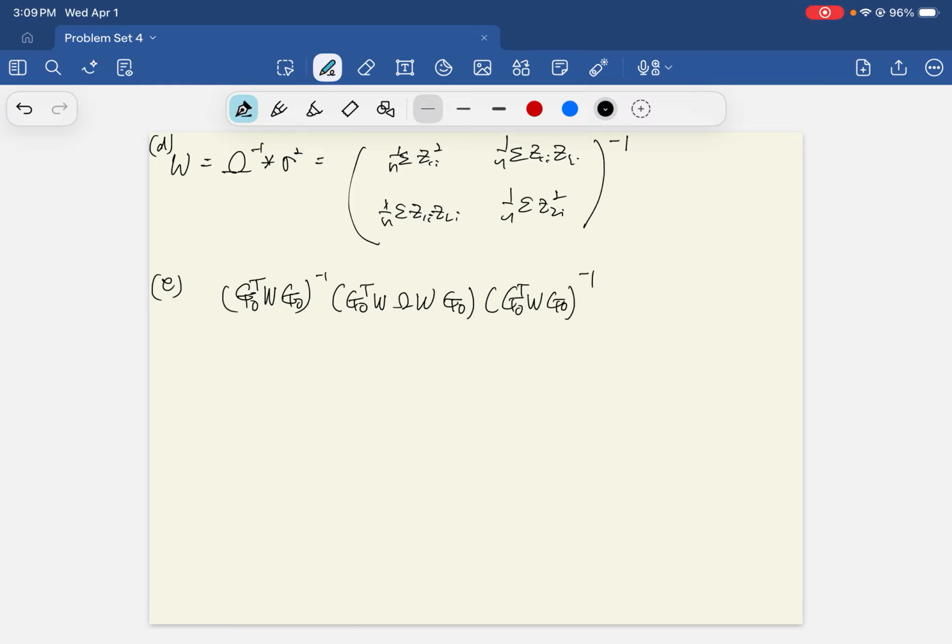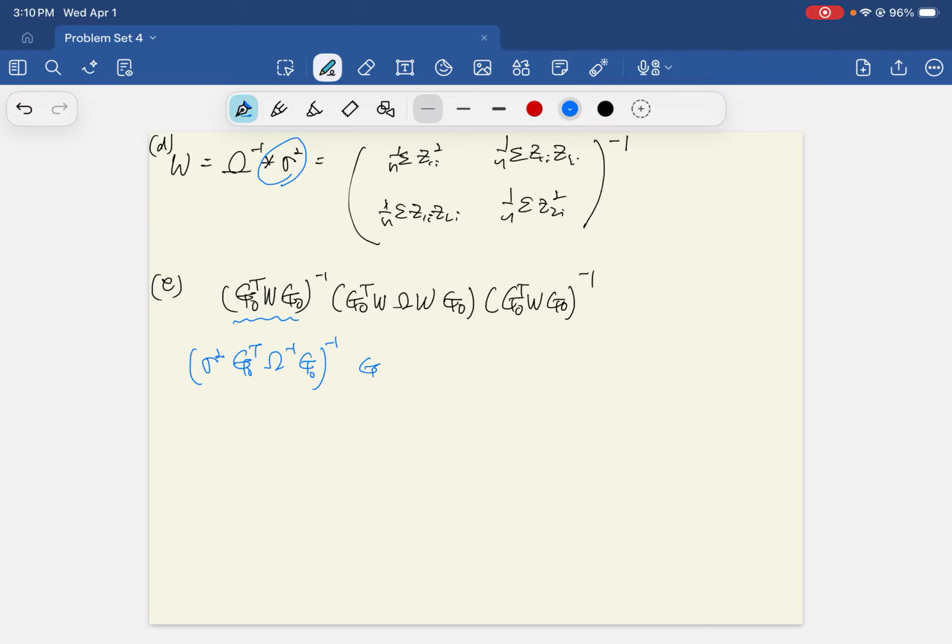That is our formula. Here I am going to calculate this first. This guy will become sigma squared times G0 transpose omega inverse G0. Okay, so don't forget this much.